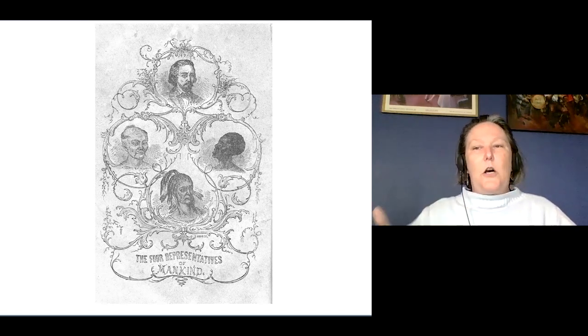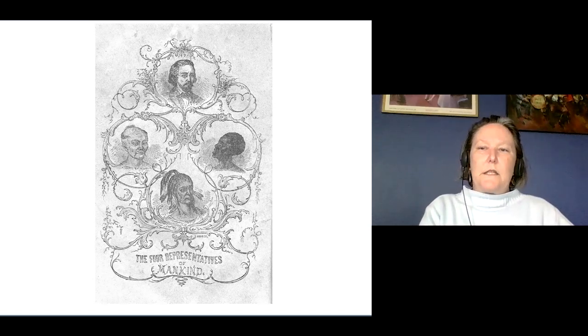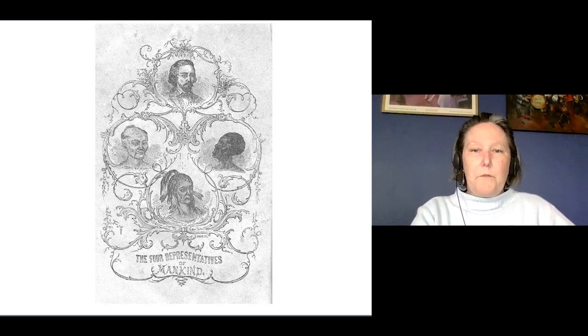So, for instance, calling Native Americans heathens or savages has a very religious overtone, where they're saying basically these are people without souls. These are people who are completely uncivilized. And in some cases, there were some Europeans who tried to convert Native Americans to Christianity, but saying savages and heathens basically was trying to justify the conquering of these people groups in North America.